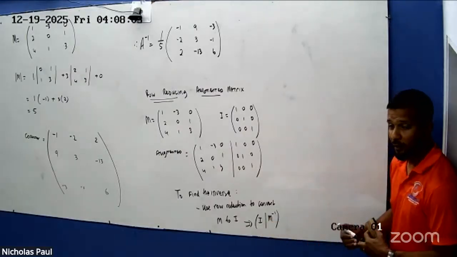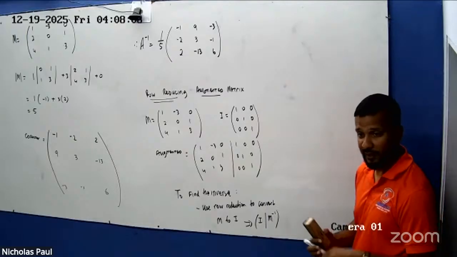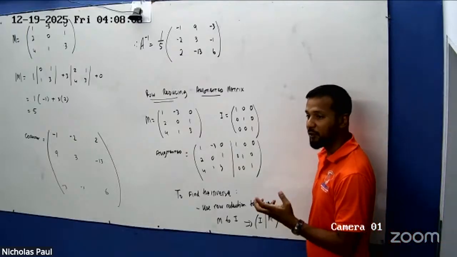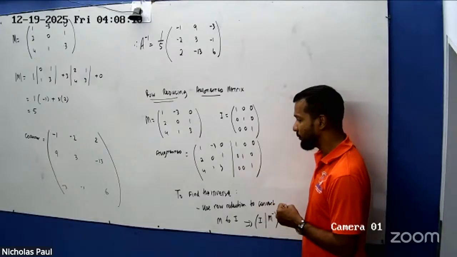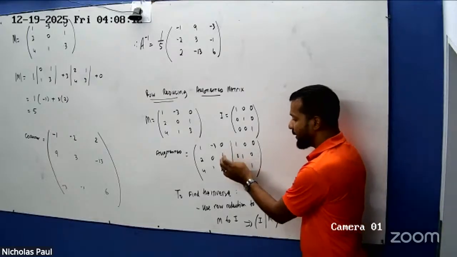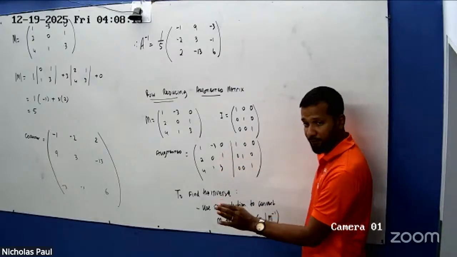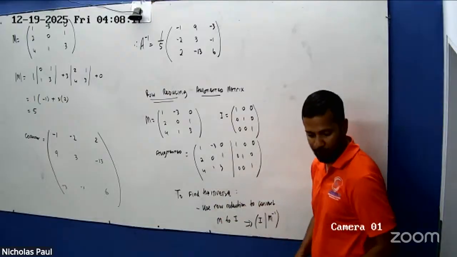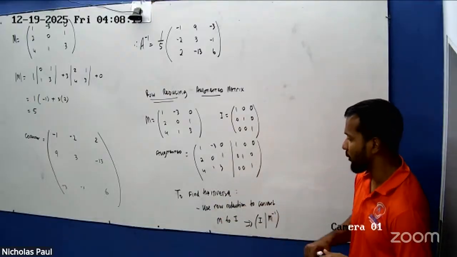Not really making any sense yet, but in your mind, there's a way to figure out how to turn this into this. That's it. Let me show you what I'm talking about.